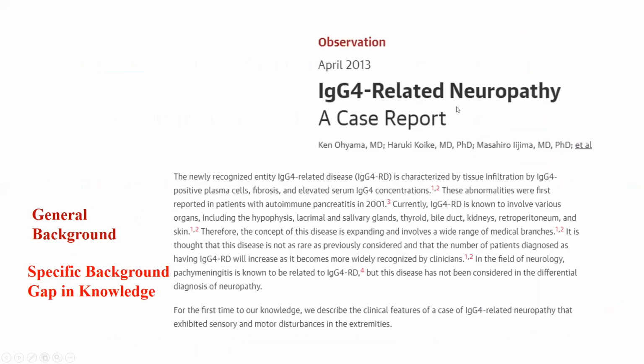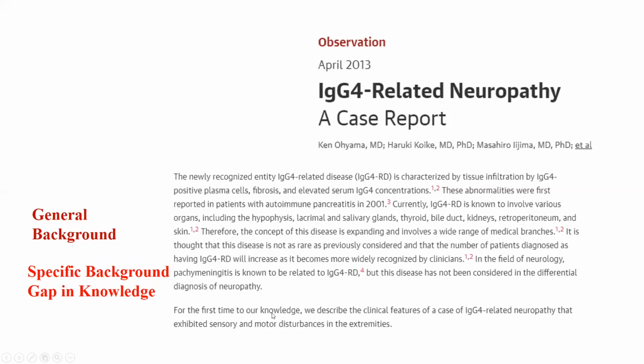Quickly over this JAMA article, it's about IgG4 related neuropathy. It's a case report. The authors started with the general background, which is IgG4 related disease and what organs it involves, and then they went specifically into the neurologic manifestation of the disease. And then they mentioned the gap in knowledge, and the sentence preparing the reader for the case presentation.